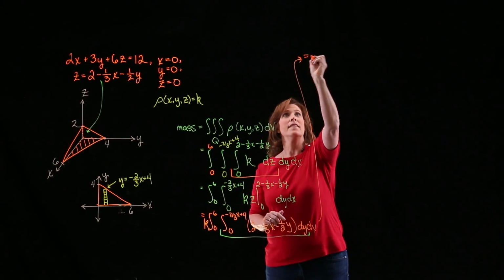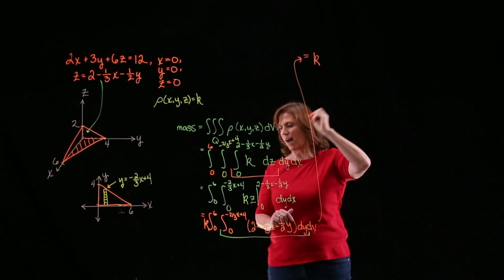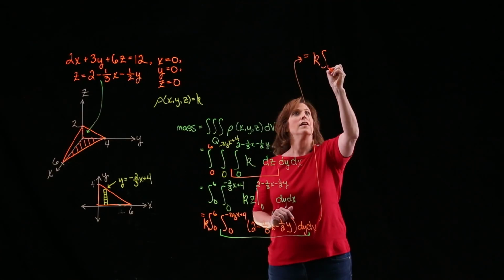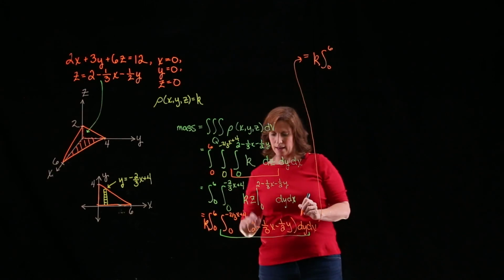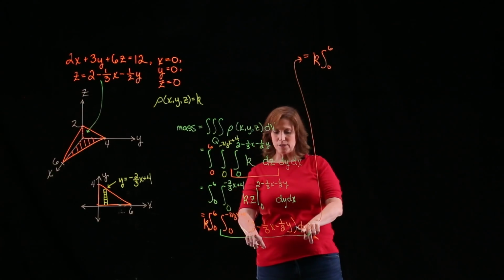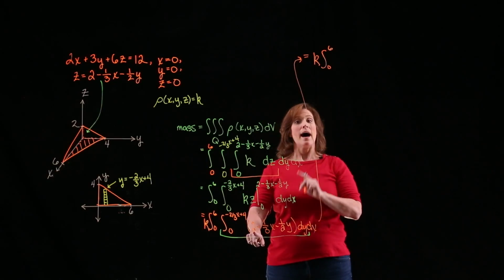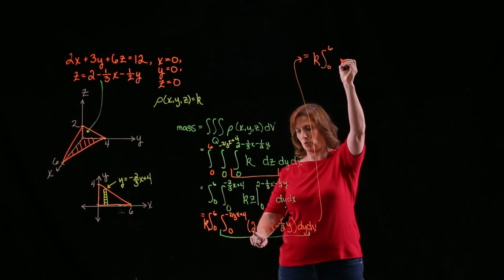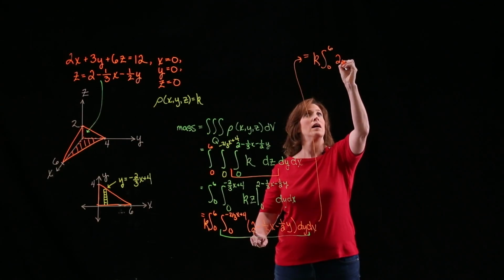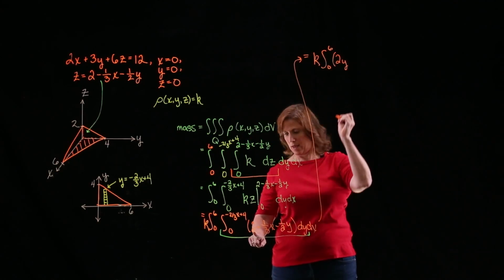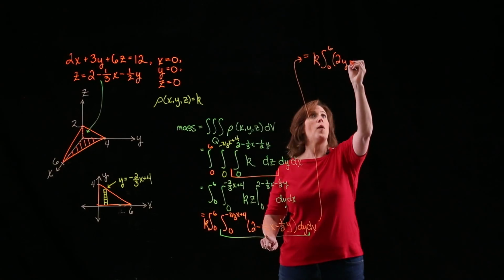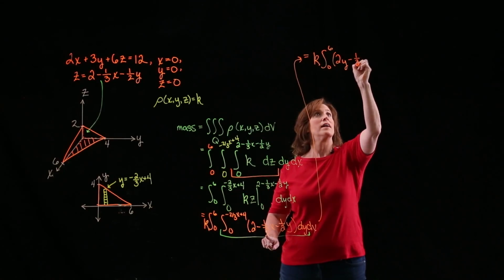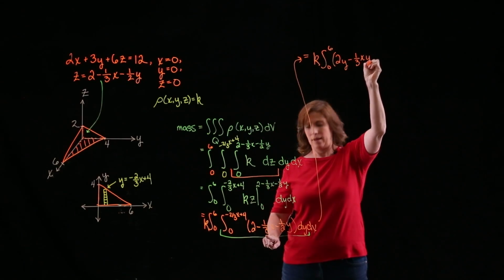And I have that constant k on the outside, the integral from 0 to 6, and now I'm going to integrate this with respect to y. So I'm treating x as a constant here. 2 is a constant, so that integral will be 2y. And then I'll have minus 1/3 x times y.